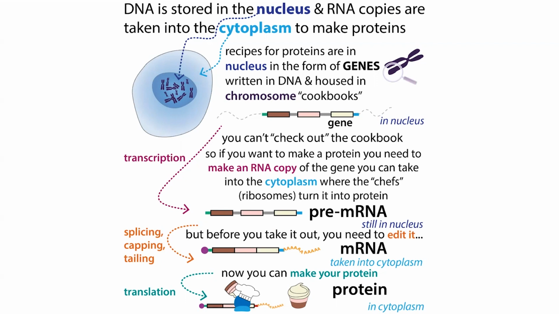So let's talk about how we can get faulty mRNAs. First off, we just need to do a really quick review of some of the terminology and the overall process of making a messenger RNA. So basically, the original recipe for making a protein is written in the form of DNA in the form of a gene.